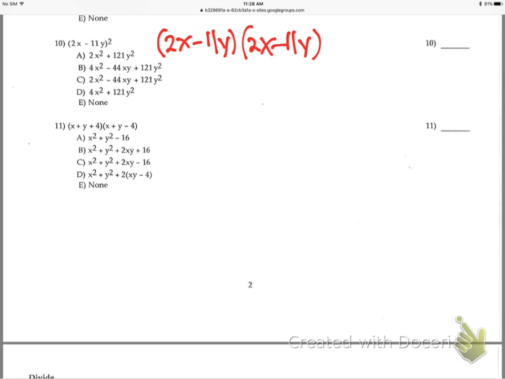Remember that? When you have a 2 on a parenthesis, you got to write two of them, and then it's just FOIL. First to both, second to both. Boom, boom.